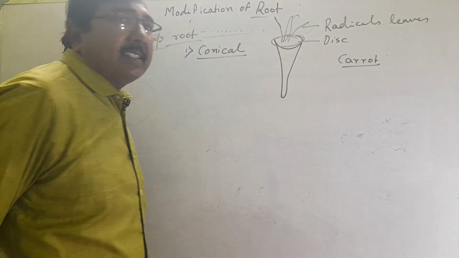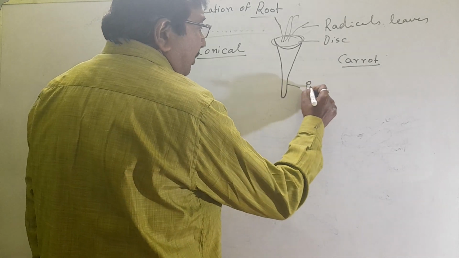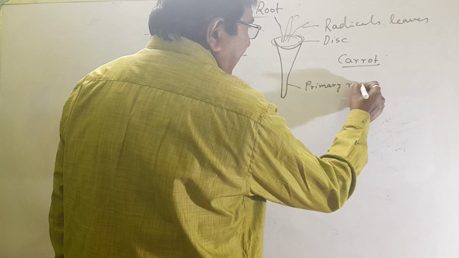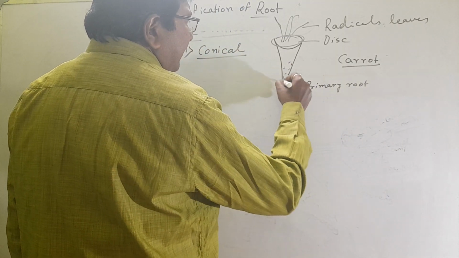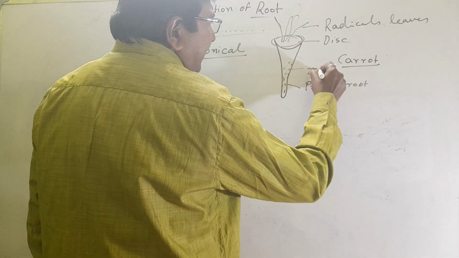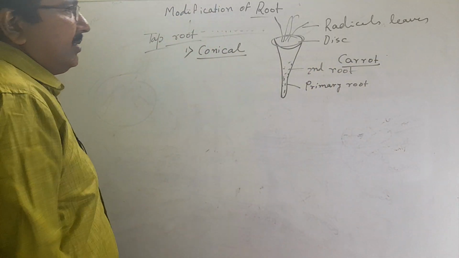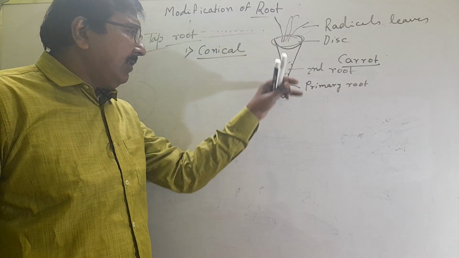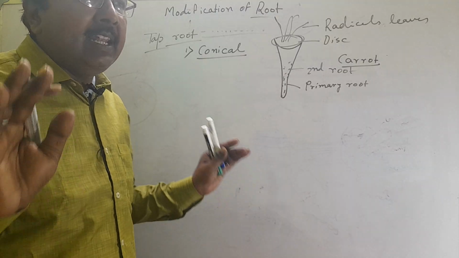And this is the primary root, and some secondary roots are also there. So this is the structure of conical root. The upper part is solid and thicker and the lower part is tapering. That's about the conical root.